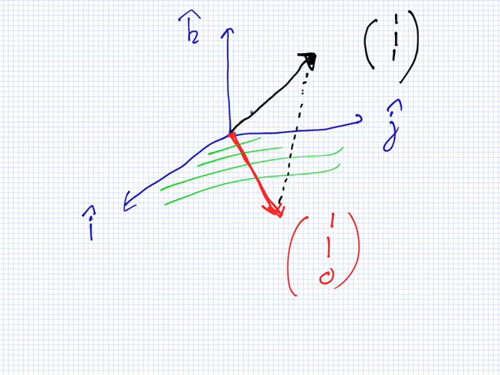So why don't you check and see what you get? I want to know this angle here.